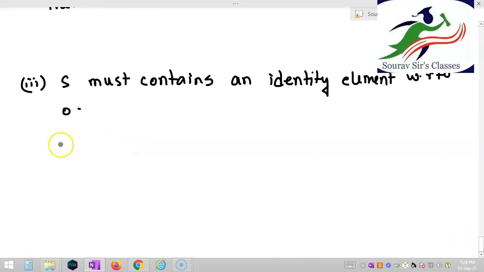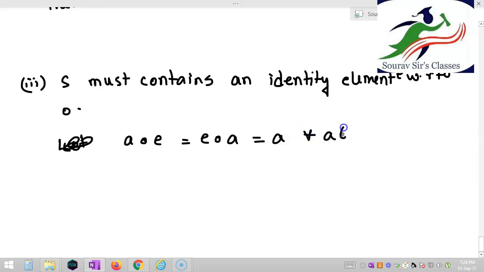Let the identity element be E. Identity element means A compose E is equal to E compose A is equal to A for all A belonging to S. So this E is a fixed element of S.